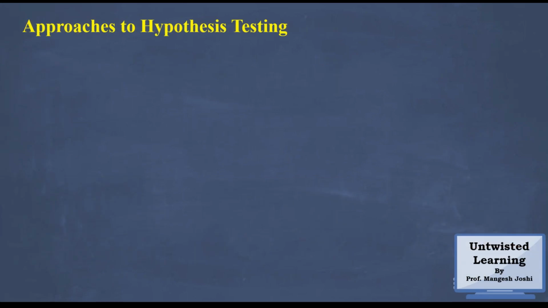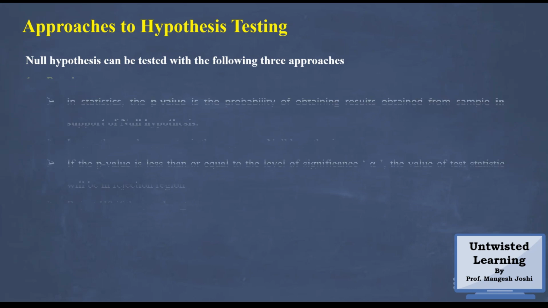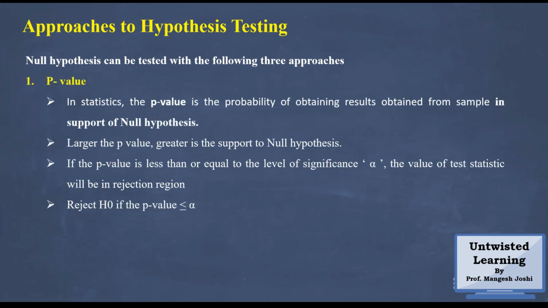Now, various approaches are there to hypothesis testing. The null hypothesis can be tested with the help of the following three approaches. The first approach is the p-value approach. In statistics, the p-value is the probability of obtaining results from the sample in support of the null hypothesis.